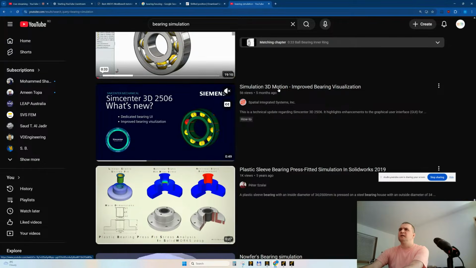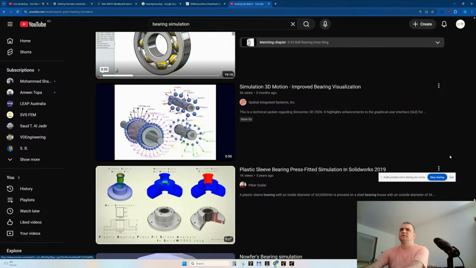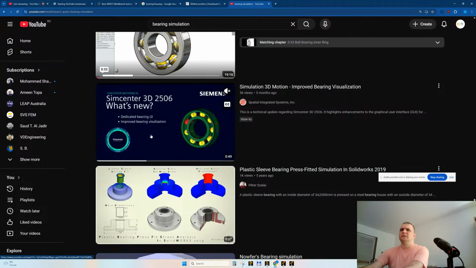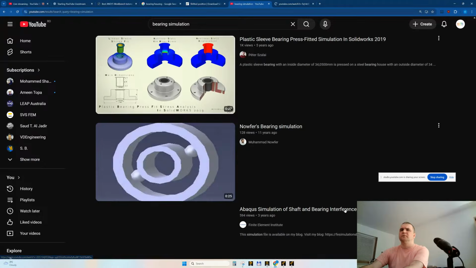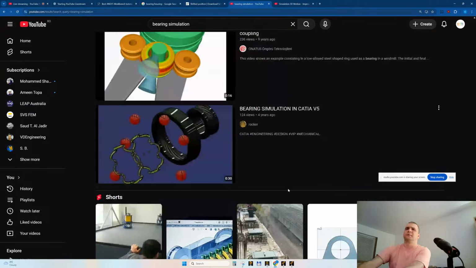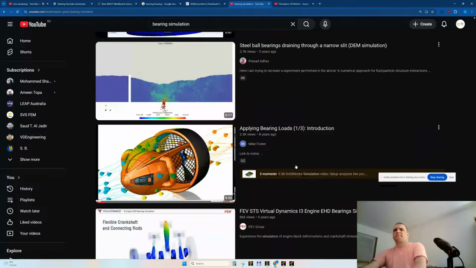What is this? Improved bearing visualization. I would like to see it. Steel ball bearings draining through a narrow slit.